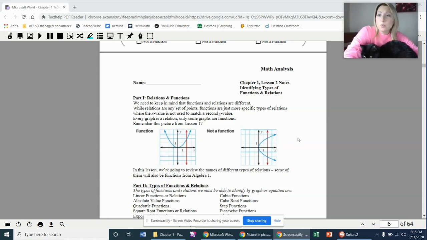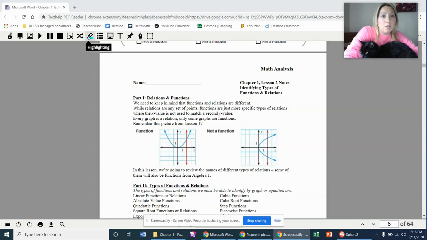Well, anyway, we're going to talk about identifying types of functions and relations. And again, I'm saying talk because it's me just talking through what's already written out in the notes. It probably won't take very long. A lot of this is review. So we'll just go through and see what we got.